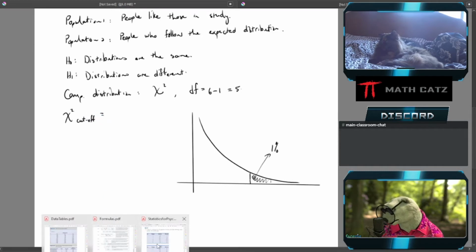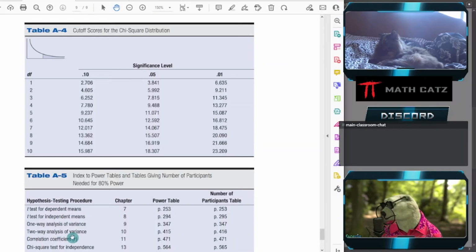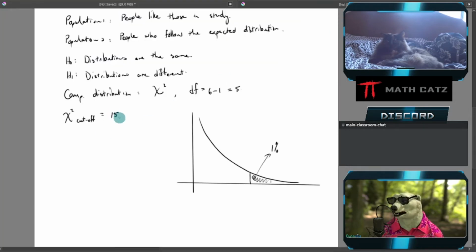which is, well, I go to my data table. I am interested in 5 degrees of freedom, 0.01 alpha, 15.087. Now I need to see.